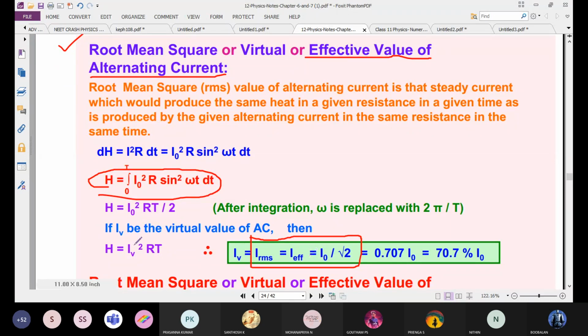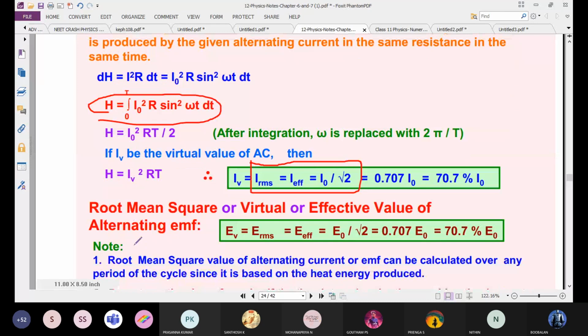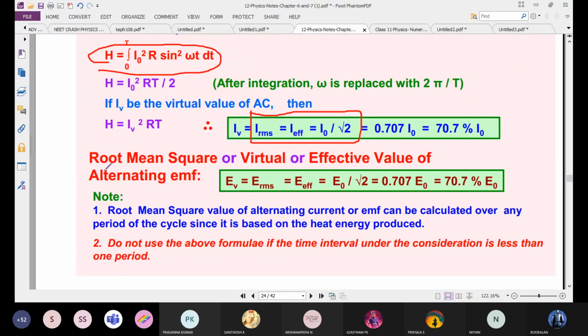So like that voltage also. That is the EMF. So root mean square value or virtual or effective value of alternating EMF, E RMS is equal to E naught divided by root 2. So what is E naught? It is the voltage or EMF amplitude.